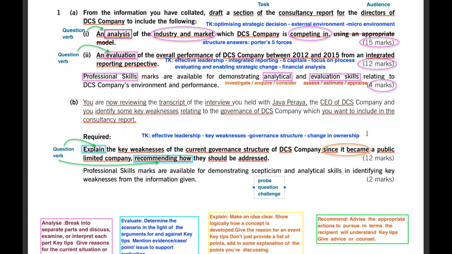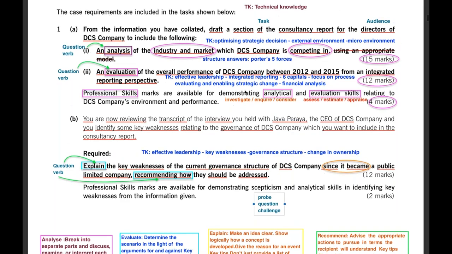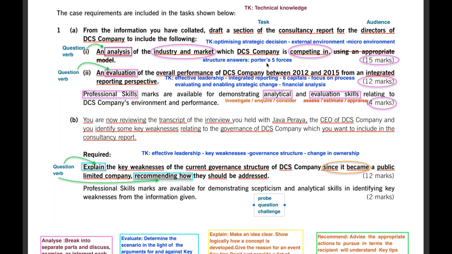If you are writing as part of a director, what would be the role? Always remember that in the question, you will always be given the role, all right?